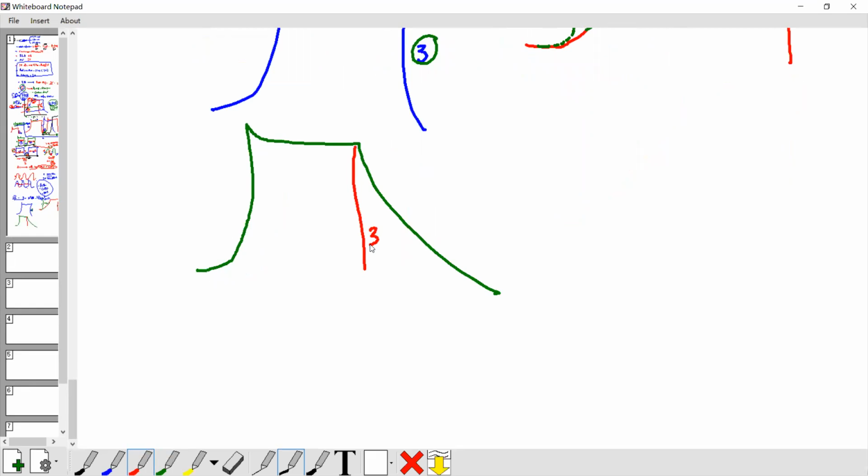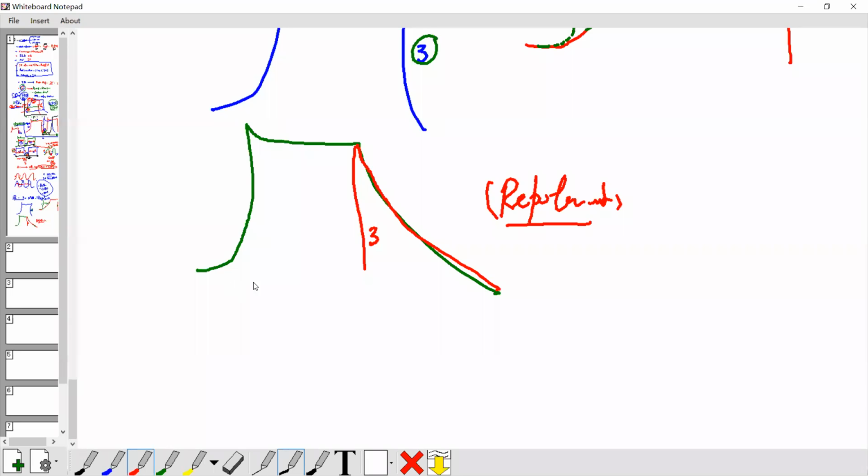Phase 3 was here normally. When you apply a potassium blocker, potassium comes out very slowly, so phase 3 takes more time. Phase 3 is your repolarization.